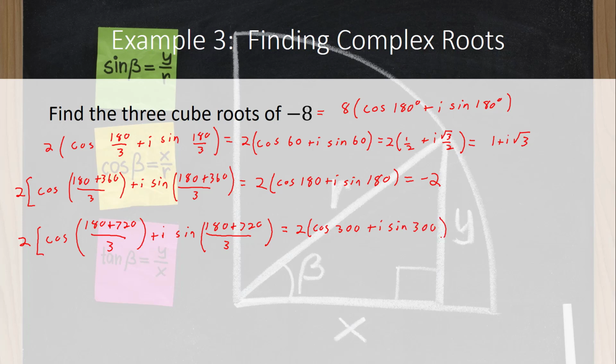That is an angle in quadrant 4 with a reference angle of 60 degrees. The cosine of 300 is going to be like the cosine of 60, which in quadrant 4 will be positive, so that will be 1/2. And then since we're in quadrant 4, the sine of 300 will be the sine of 60, but it'll be negative, so that'll be minus i times the square root of 3 over 2. And then that will be equal to 1 minus i times the square root of 3. And there we go. Those are our 3 roots.